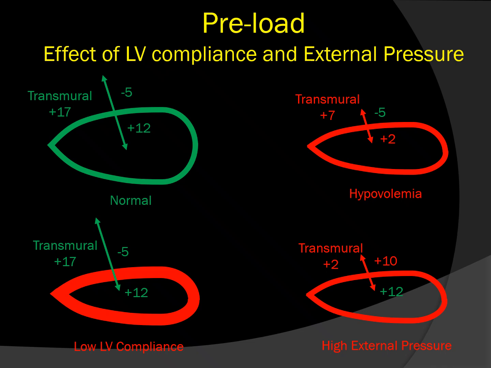However, the positive intrathoracic and intrapericardial pressures from the tension pneumothorax create a positive pressure of 10 around the heart compared to a normal value of -5. So in this example, although the filling pressure is normal at 12, the transmural pressure is down to 2, which is a markedly reduced filling pressure, similar to what we just saw in the patient with hypovolemic shock.